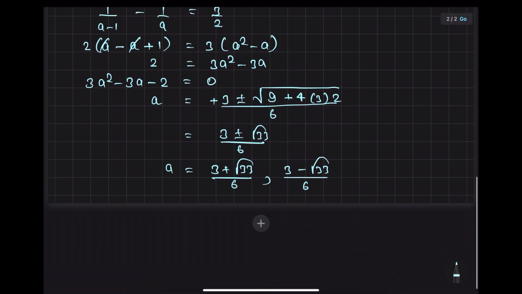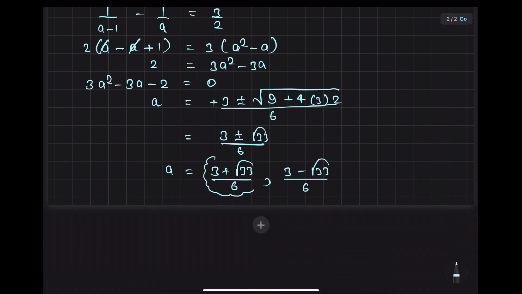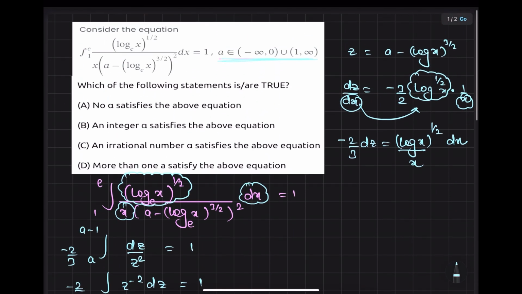Look at this. You know that root 25 is 5 and root 36 is 6, so root 33 is in between 5 and 6. Suppose it is 5.5. So 5.5 plus 3 is 8.5, and 8.5 by 6 is greater than 1.